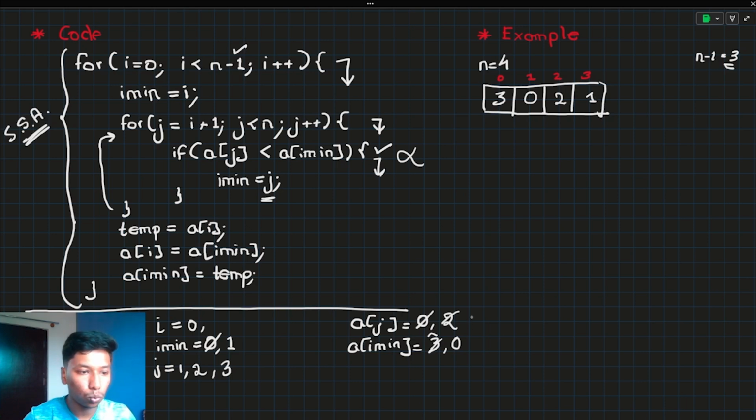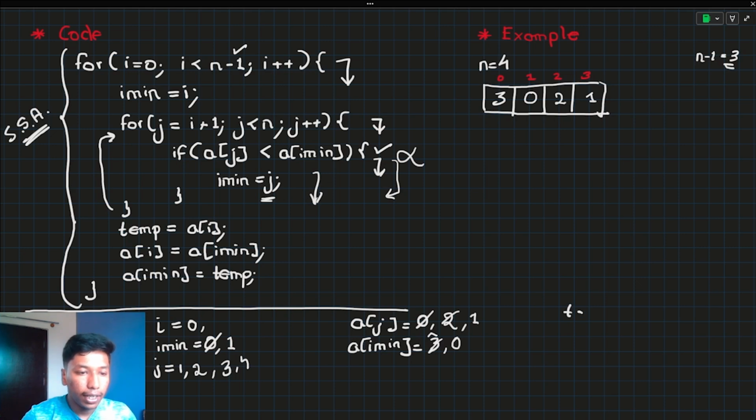A of 3 is 1. We'll check if a of j is less than a of I min. A of I min is 0. Is 1 less than 0? False. Again we'll exit by incrementing j to 4. Is 4 less than 4? False. Hence we'll exit this inner for loop.